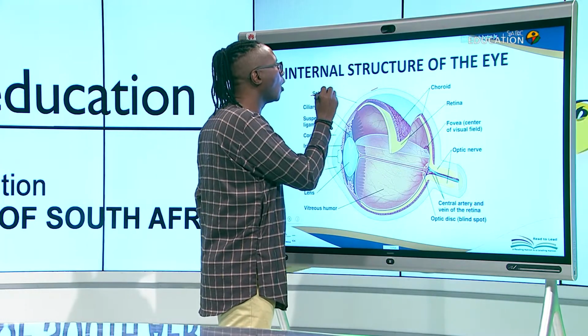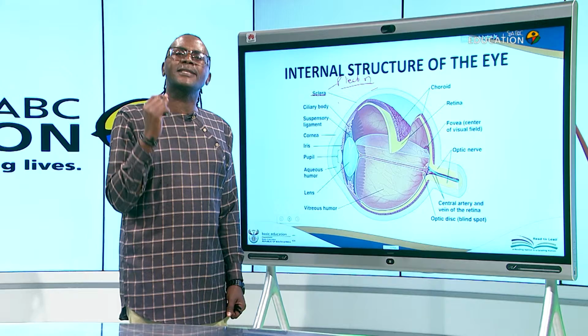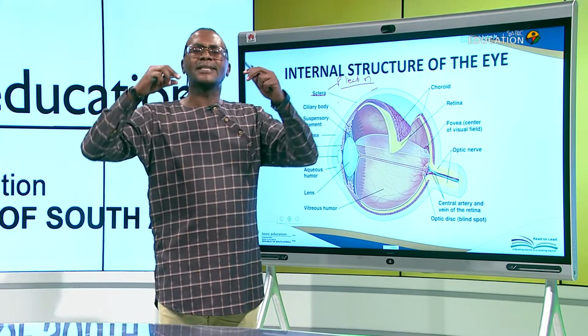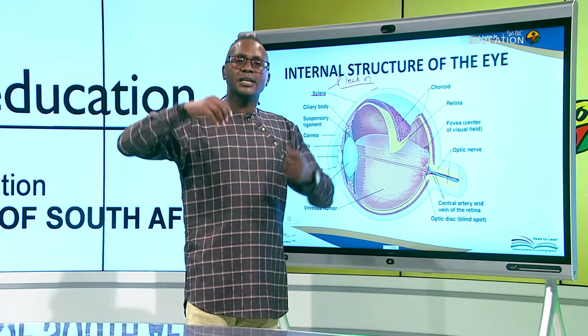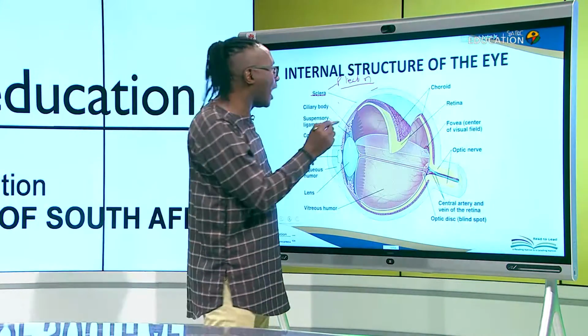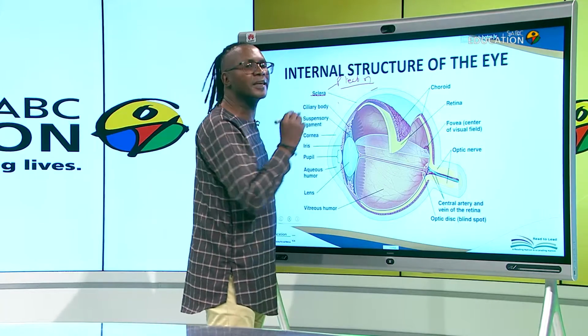It is for protection. So it protects all various parts within the eye. The other function of the sclera is that it serves as a point of attachment. Remember the eye is held together by 6 extrinsic muscles, so the muscles attach themselves around the sclera.